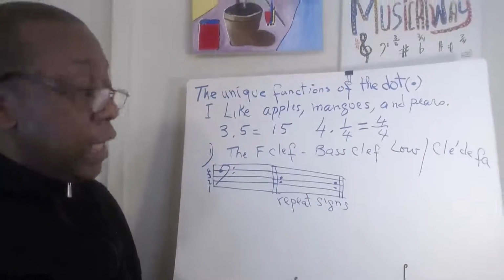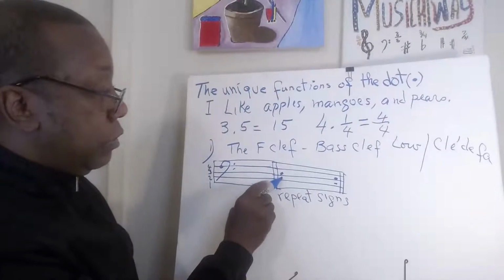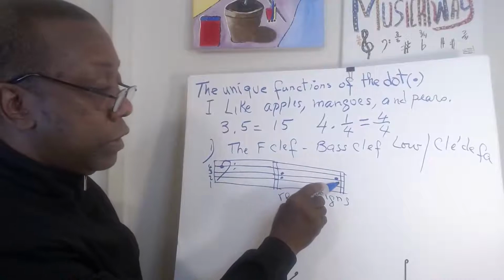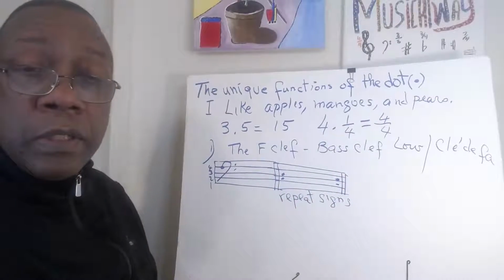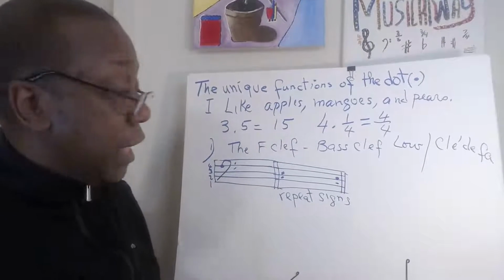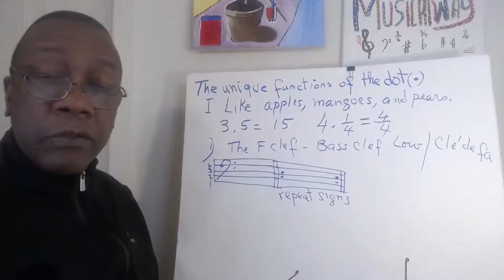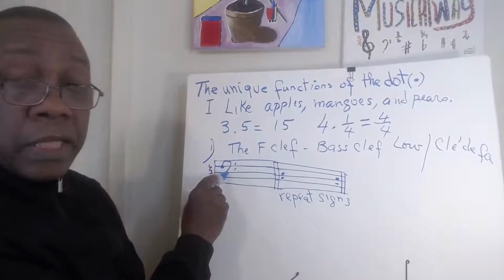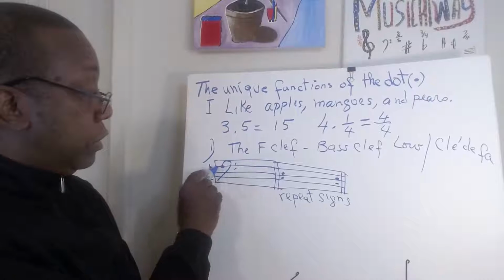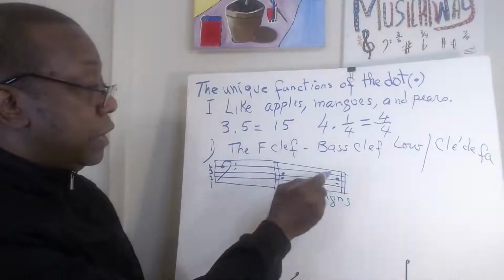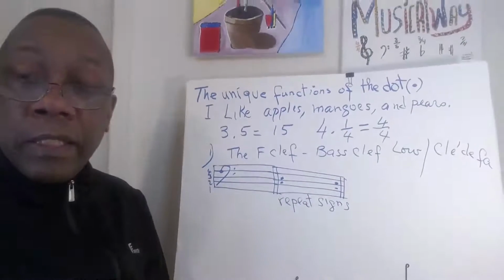It tells you that when you start playing here, you look for the other double dot to return. So the dot is used as a repeat sign. And so far we have the bass clef with the dots, and then the repeat signs.